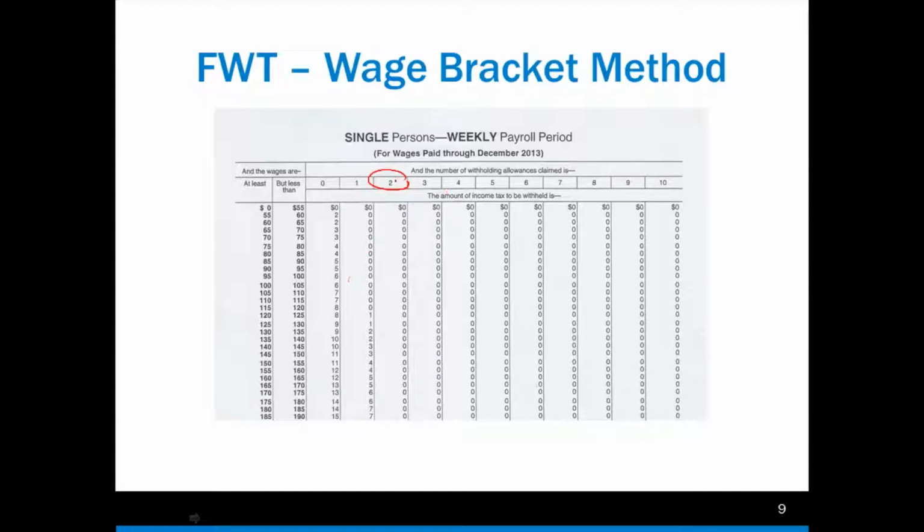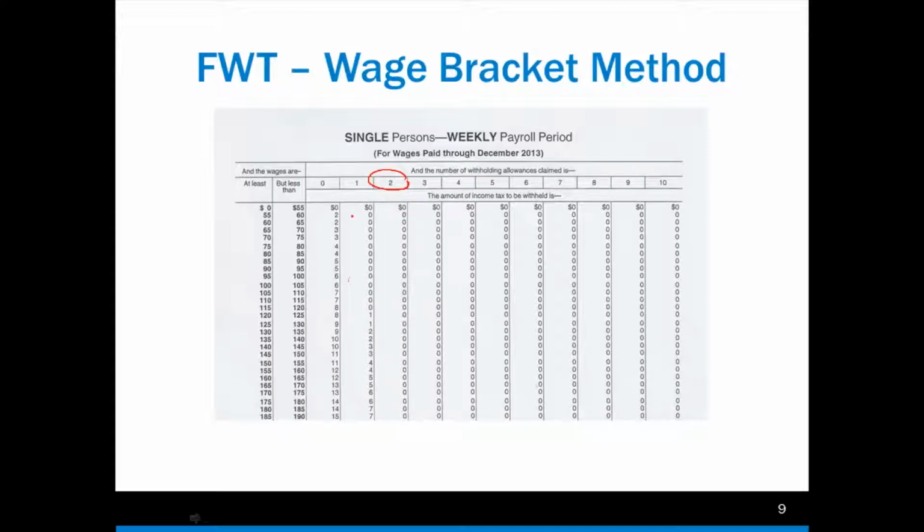Even though I might legitimately have 2, I could have put 10. But the problem with that is that you're not going to have enough withheld, because when you have a lot of dependents, you need more money in your paycheck, and the government is cognizant of that, and therefore they take out less federal withholding because you have more deductions.